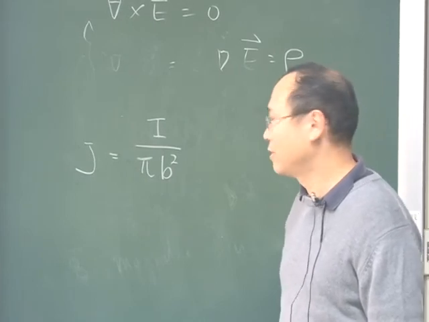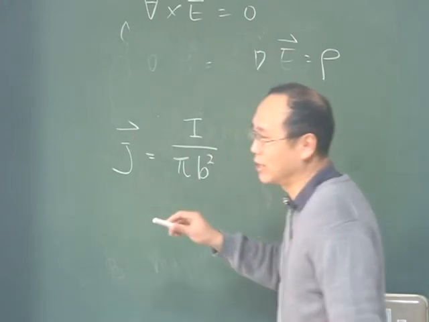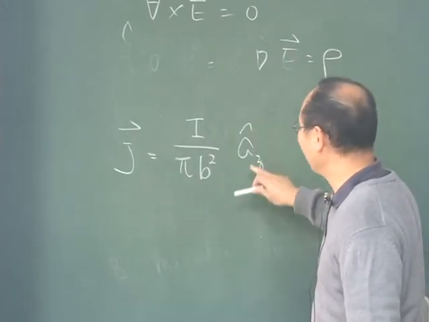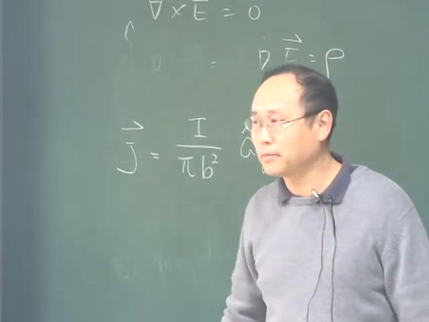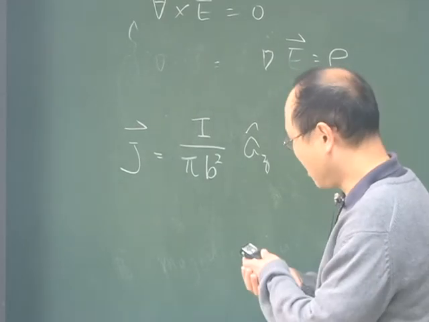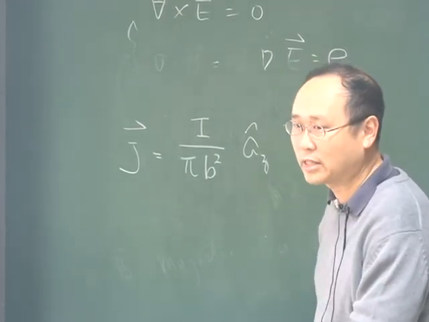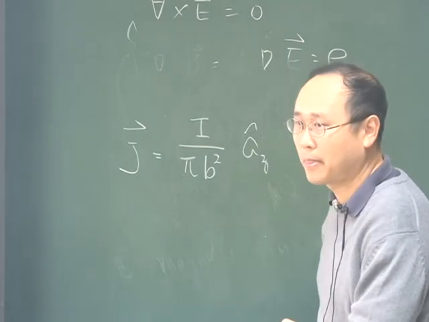If you want to add direction, you can define it along the z direction, and you want to calculate the magnetic flux density everywhere in space.